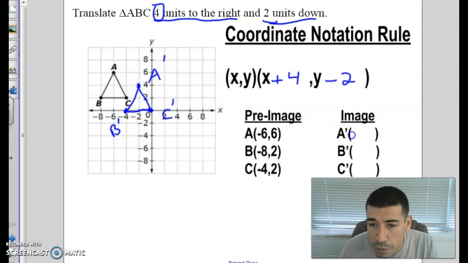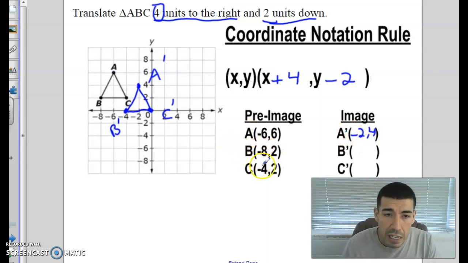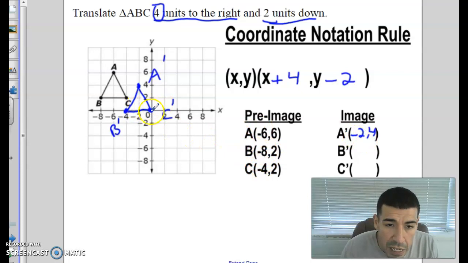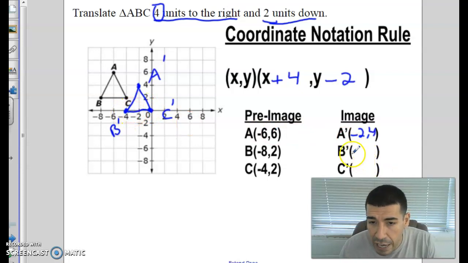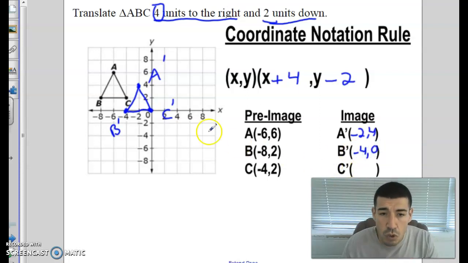So the coordinate will be -2, 4. New B is 4 to the left. Remember, each jump counts by 2. So 1, 2, and we're jumping to the left, so that is -4, 0, because we do not go up or down. And then new C is 0, 0.